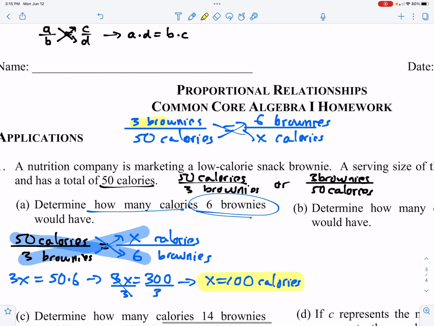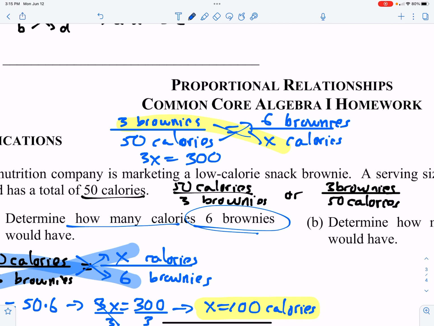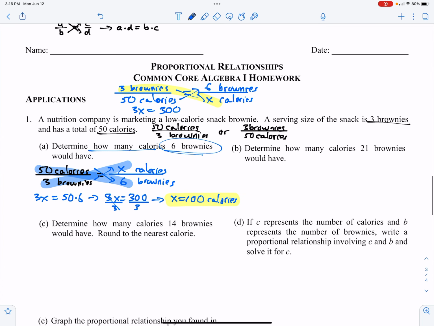This would be 3 times X, 3X equals 50 times 6, which is still 300. So we get the same equation no matter which way we do it. That's why it doesn't matter how you set it up. You just have to make sure that if you put brownies on the top, it's similar over here: brownies on the top, calories on the bottom, calories on the bottom. Keep your ratios similar.